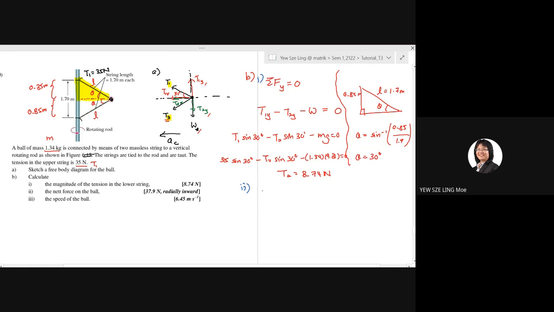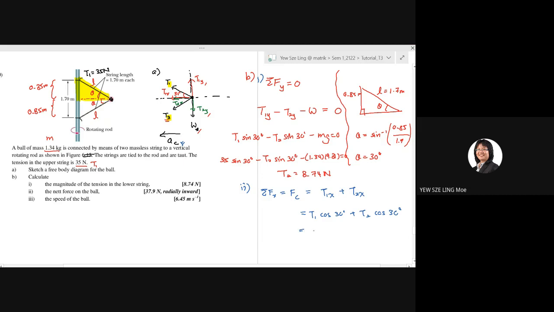Summation Fx is equal to Fc. According to the free body diagram, the forces pointing in the same direction as my ac are T1x and T2x. So that equals T1x plus T2x, which is T1 cos 30 degrees plus T2 cos 30 degrees.